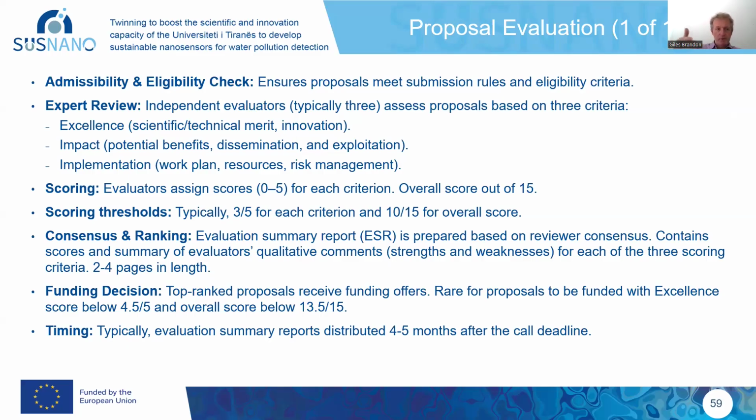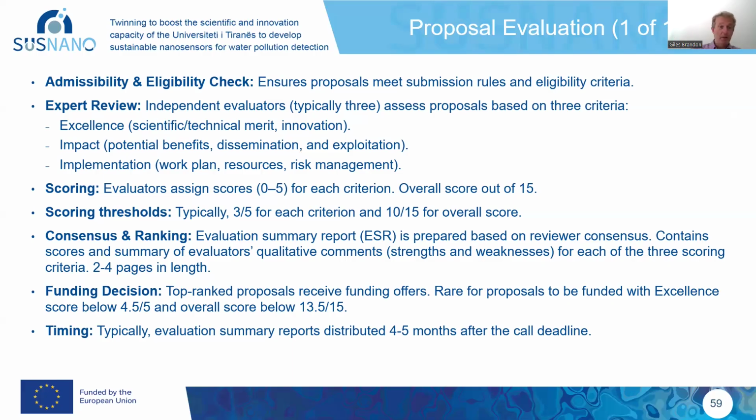Assuming your proposal passes all of those, it then goes out for expert review. So independent evaluators, which in fact could be fellow academics, for example, who have not submitted a proposal but have expertise in the area. Typically, 3 evaluators will be appointed for each proposal, and they'll assess the proposal based on 3 criteria.